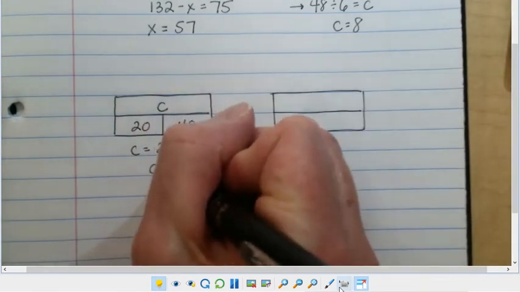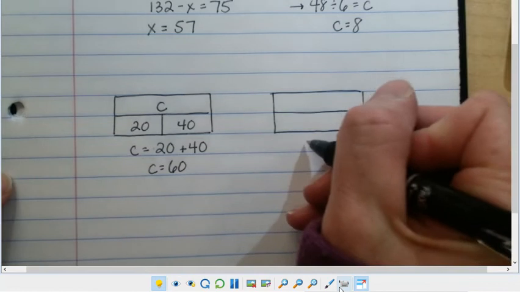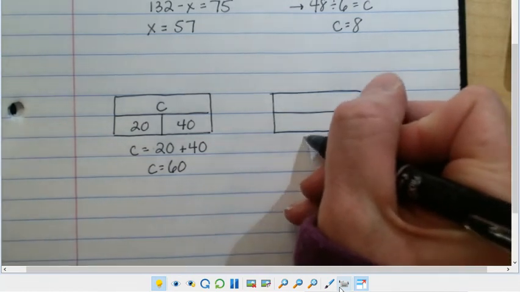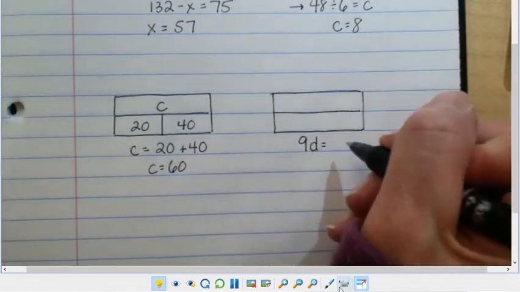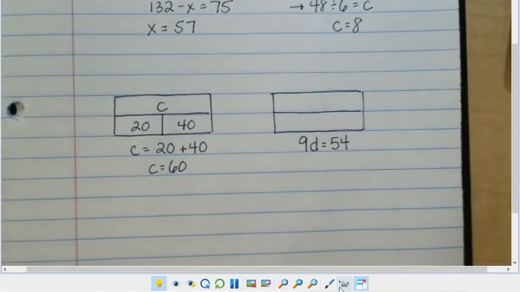So C would equal 60. Now let's try this one. 9D equals 54. Pause the video and draw your model and find what D is equal to.